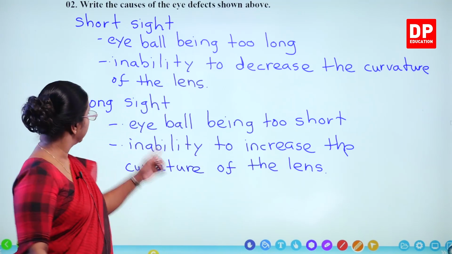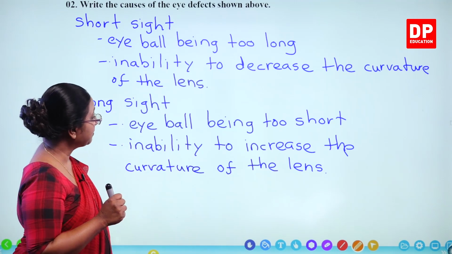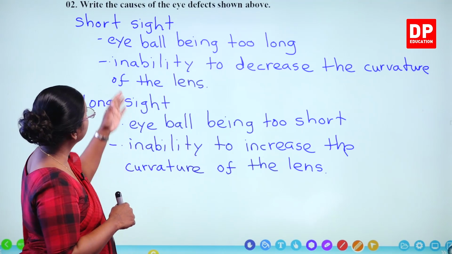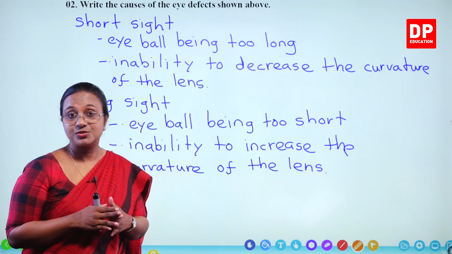Why? To see close objects, you need to have high curvature. So, inability to increase the curvature of the lens. I am sure you were able to identify the two defects as well as answer these questions.